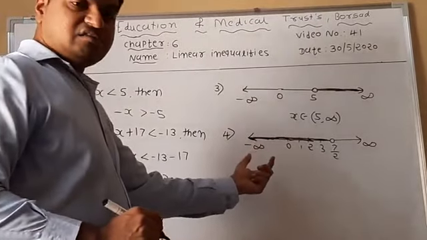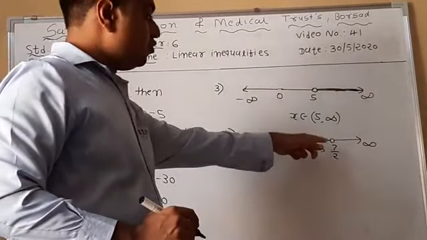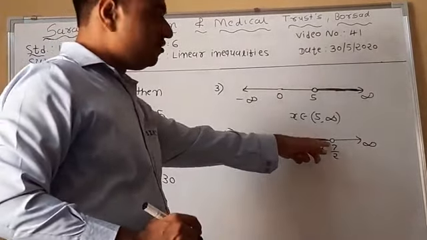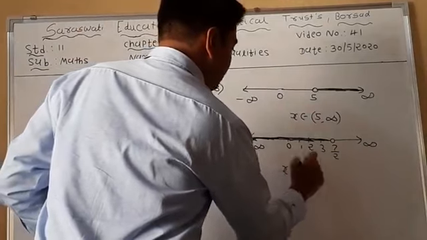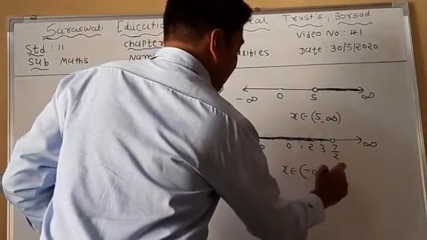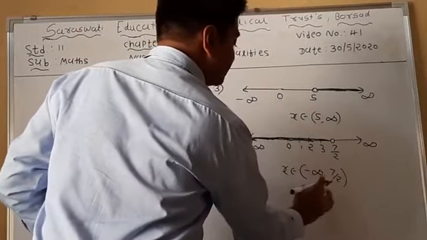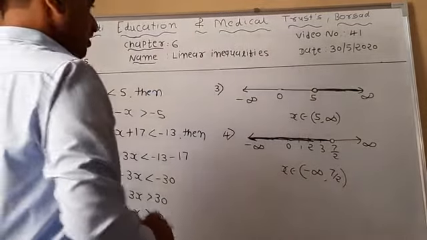Now write the answer in interval form. Here it is an open circle with the arrow on the left side, so our answer is x belongs to the open interval minus infinity comma 7/2. Clear?